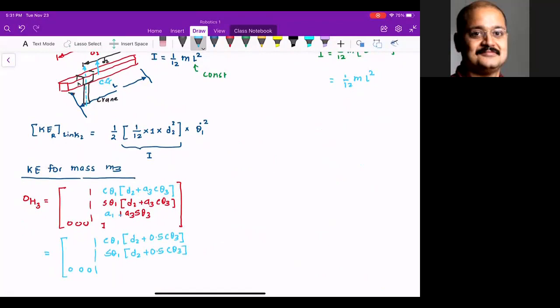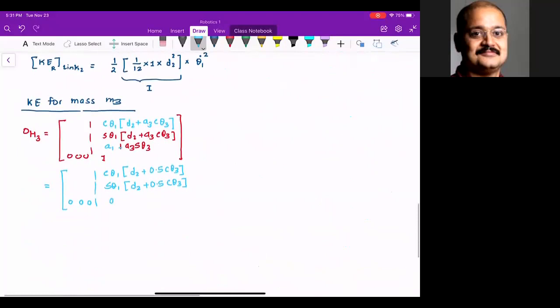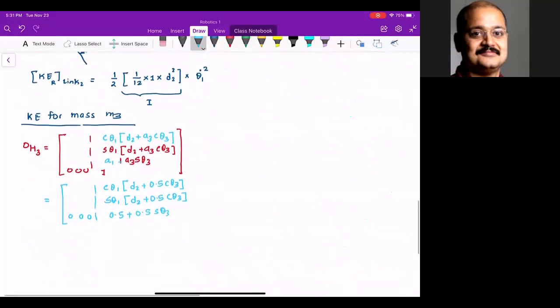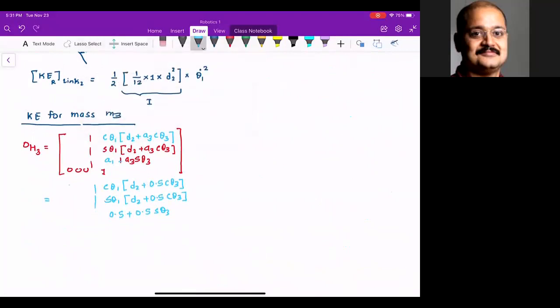A1 is 0.5. 0.5 plus 0.5 sine theta 3. And this is 0, 0, 0, 1.